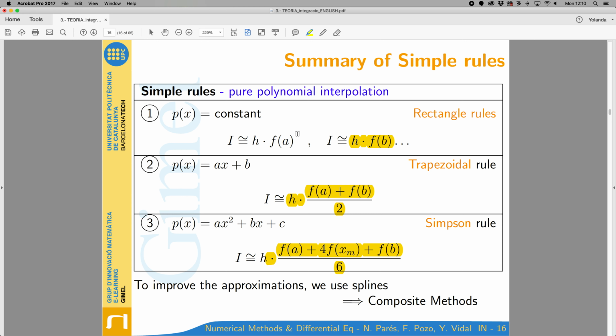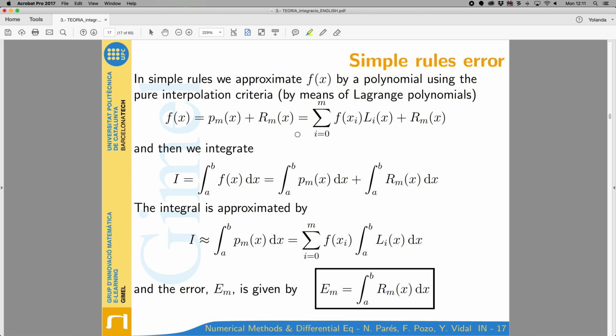So today's lecture concerns bounding this error, to know how big this error is. So let's see if we can know something about the error. Now, as we said, for any of the simple rules we saw, we are using a polynomial to fit the function, and this polynomial is always the pure interpolating polynomial.